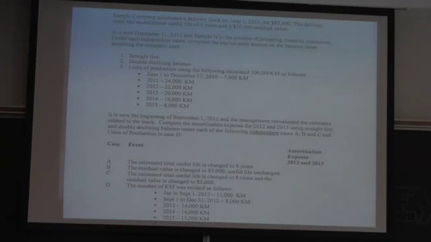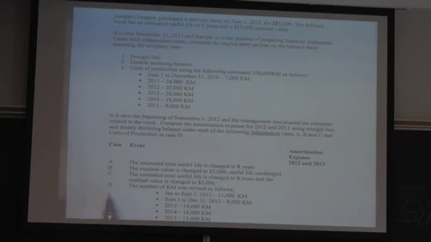We're asked to compute the amortization expense for 2012 and 2013 only for straight line and double declining, using the following 3 or 4 cases.